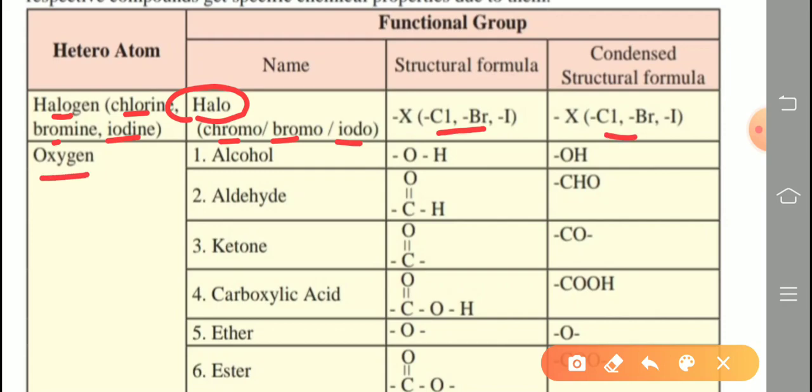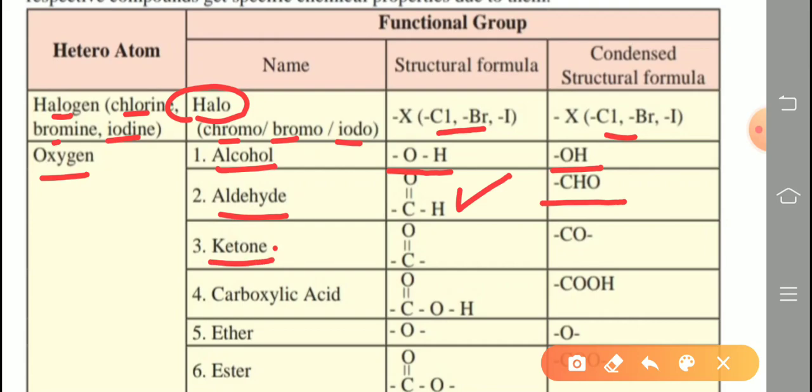Say next, oxygen. Oxygen is present. Then the name of the functional group is alcohol, indicated as OH. So only one line is shown here, that is the condensed structural formula, OH. OH means alcohol group. Second one is aldehyde. The structure of this functional group is like this: C double bond O and then again a hydrogen attached to carbon. Condensed means CHO. Next one is ketone.